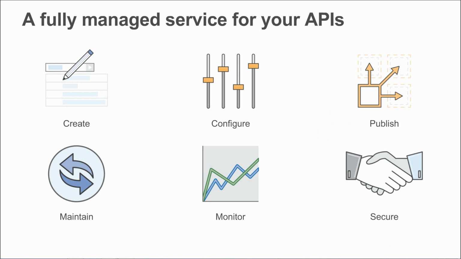Amazon API Gateway is a fully managed service offered by AWS to allow you to create an internet-facing API, configure that API with the URL and parameters that API requires, publish and deploy it, a lot of different lifecycle capabilities around creating different stages of an API, different parameters and variables that live within those stages, the ability to monitor your API, and add authorization to your API as well.